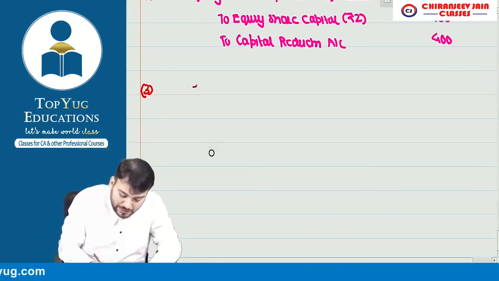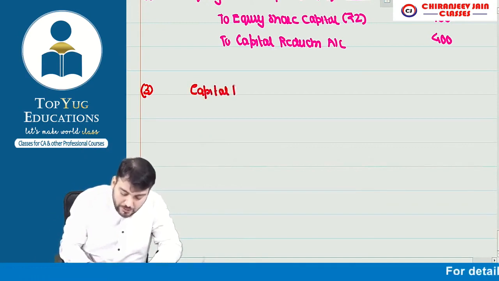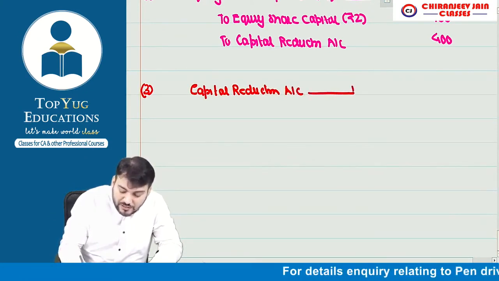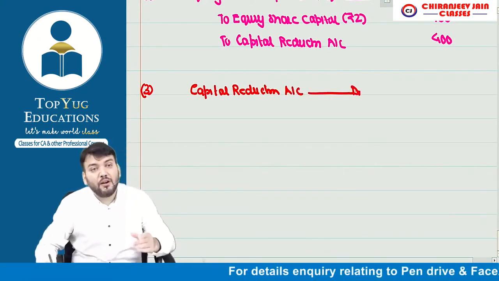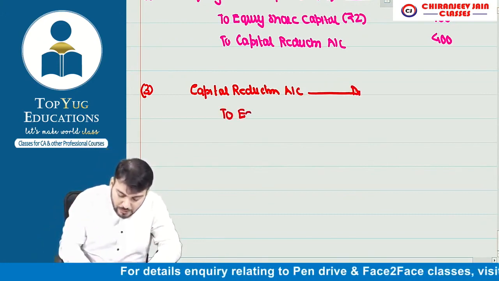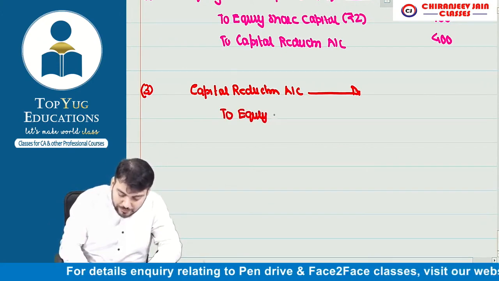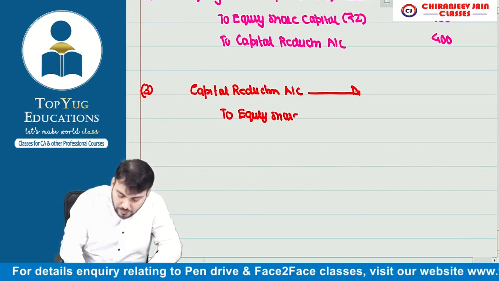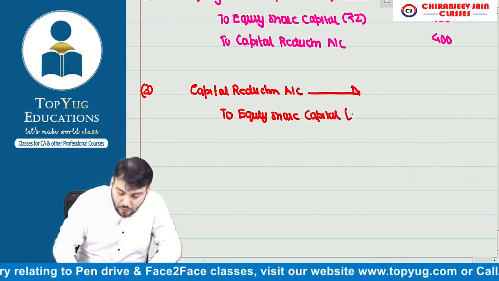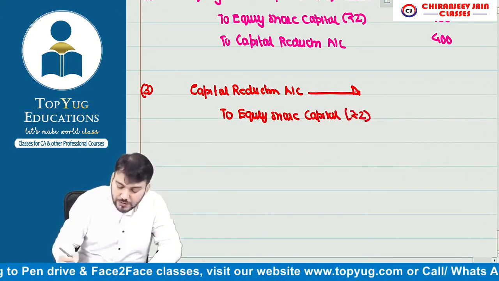I have said capital reduction account debit to cash or bank, but here settlement is done by allotment of equity shares. So what do we write? To what? Equity share capital of rupees 2 each. Yes sir.